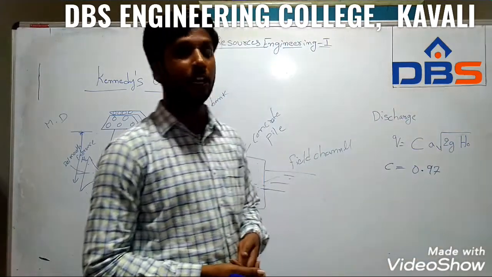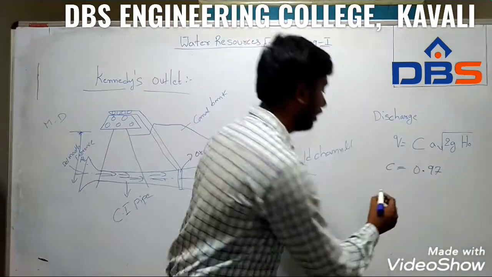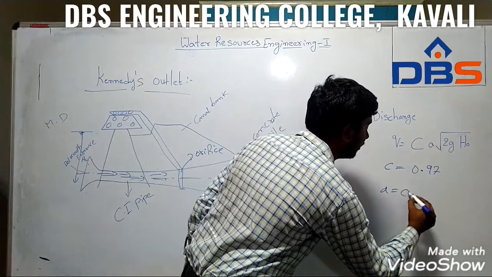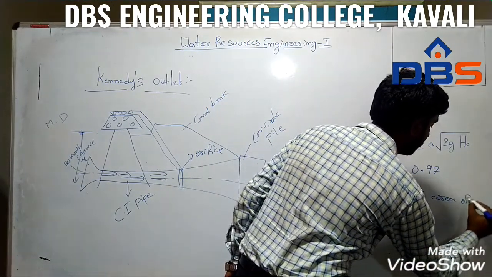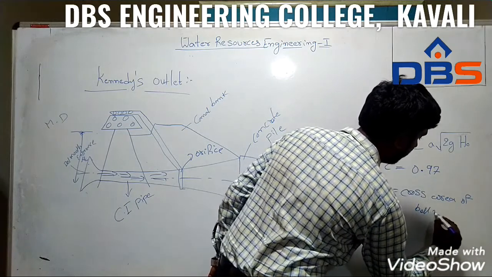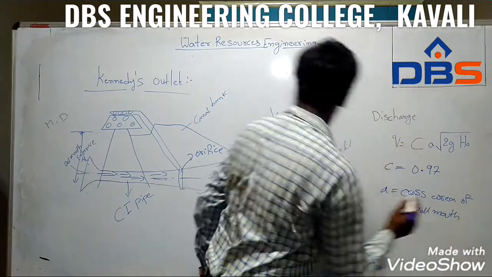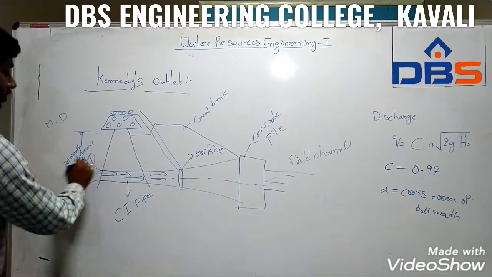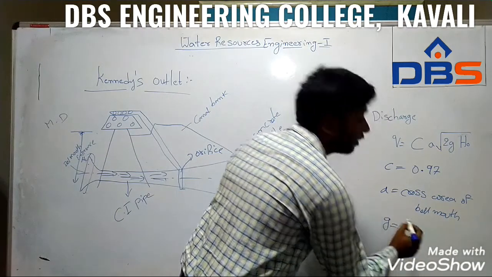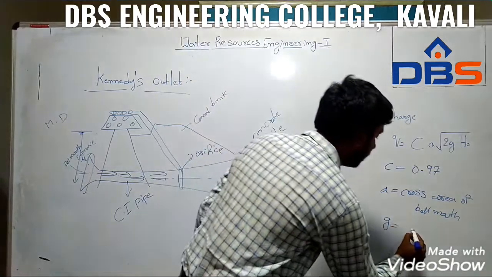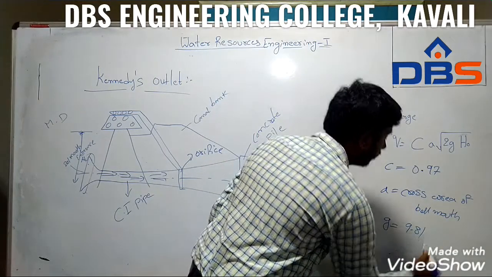Here A is equal to the cross-sectional area of the bell mouth, the area of this one. And g is the gravitational acceleration due to gravity, which is 9.81.